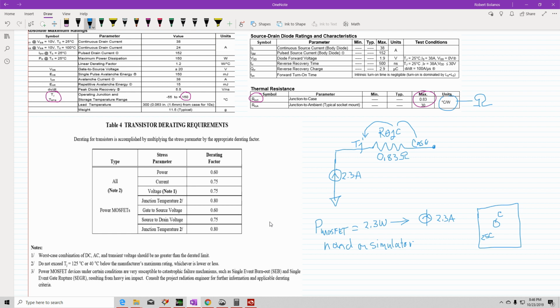Okay, let's go ahead and put this at 0.5, and in this configuration it should work properly, and the IRF 150 should not get hot. So let's go ahead and run it.